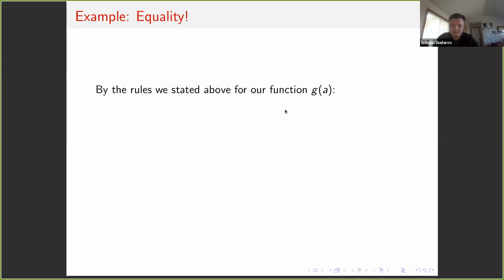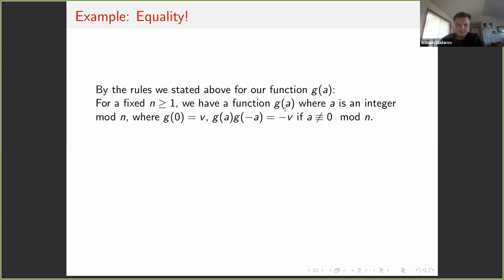So if we recall the rules for our function g, for fixed n greater than or equal to 1, we have a function g where a is an integer mod n, and here n is 2. g of 0 equals v, and g of a times g of minus a equals negative v if a is not equal to 0 mod n, or 1 is not equal to 0 mod 2.